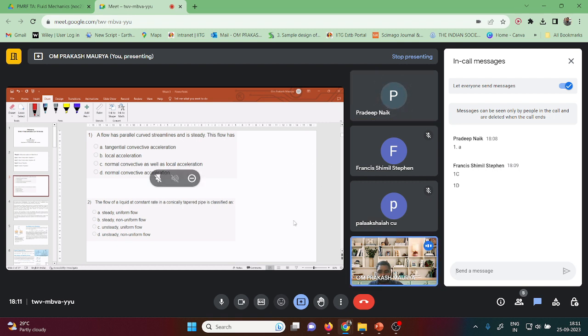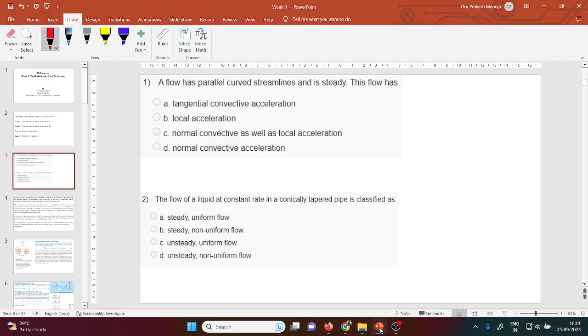Okay, now I want to move on to the solution part. Basically, here the term written is steady. Is it visible, whatever I am writing? Yes, sir, pretty good. Okay. So steady means what? The change in, let's say for fluid parameters, I am considering the velocity.